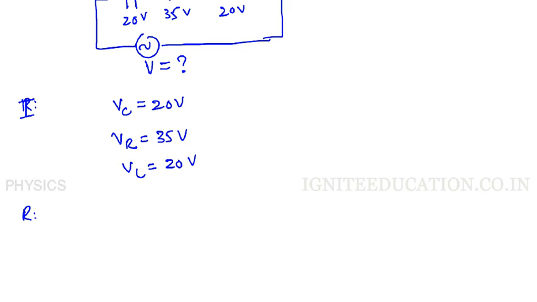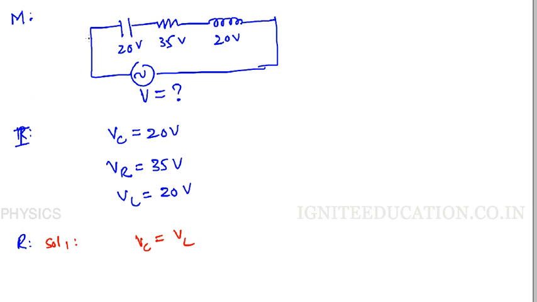While resolving we have two solutions. First one I will explain. So solution 1. If you see, VC is equal to VL, and one more thing, the whole circuit is in series.